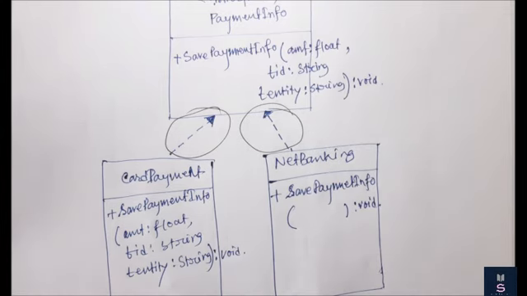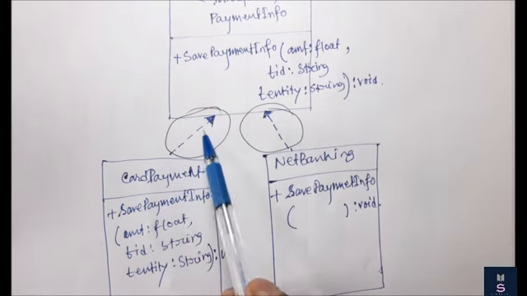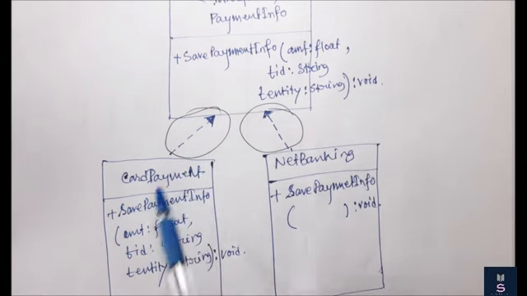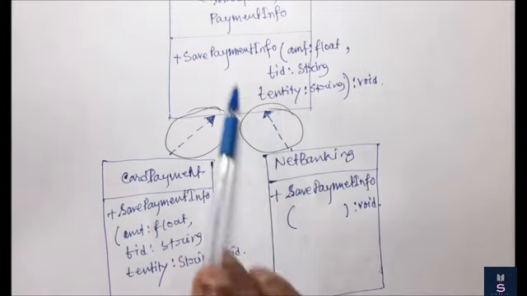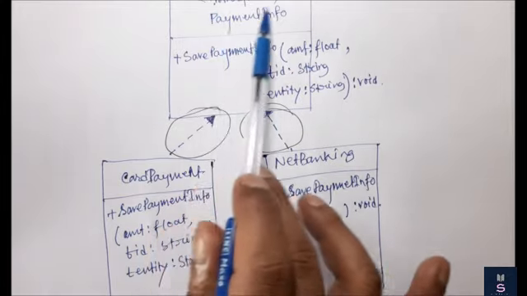In the case of an interface, we have to remember that all the inheriting classes, the concrete subclasses, are connected with a dotted arrow line, but in the case of an abstract class they are connected with a solid line, a solid arrow. So that is the difference between an interface and an abstract class by using a class diagram. I already know the difference also. And whenever we declare the interface, we have to write it within double angle brackets.